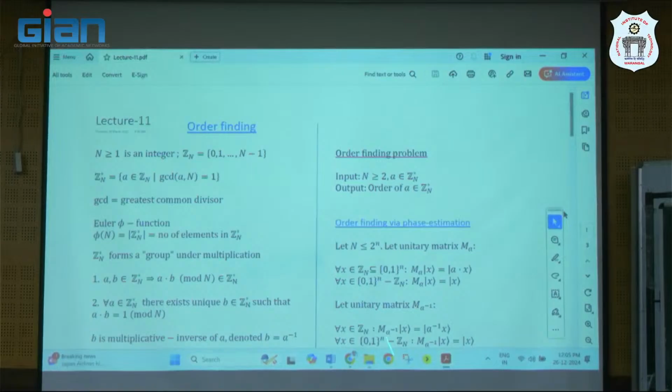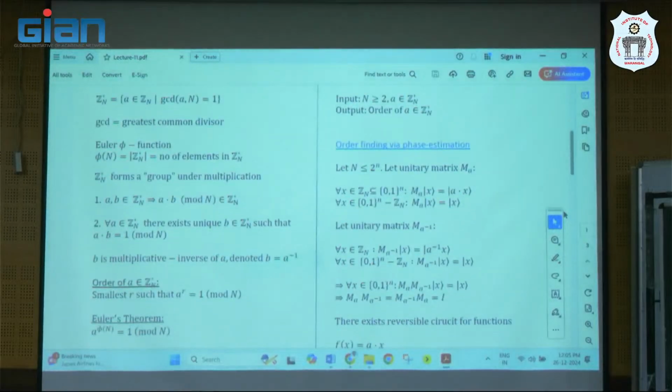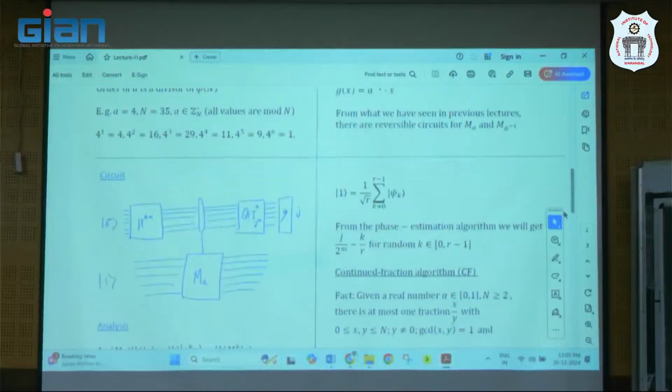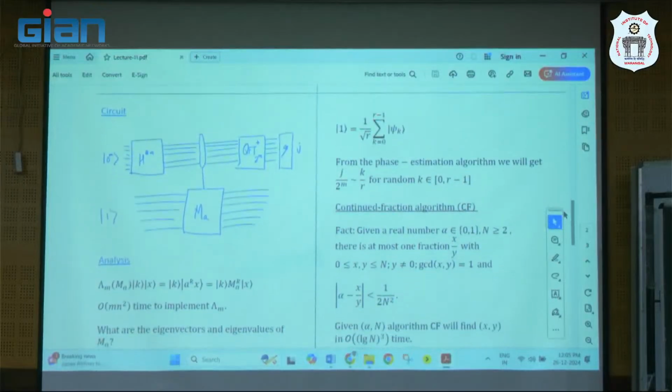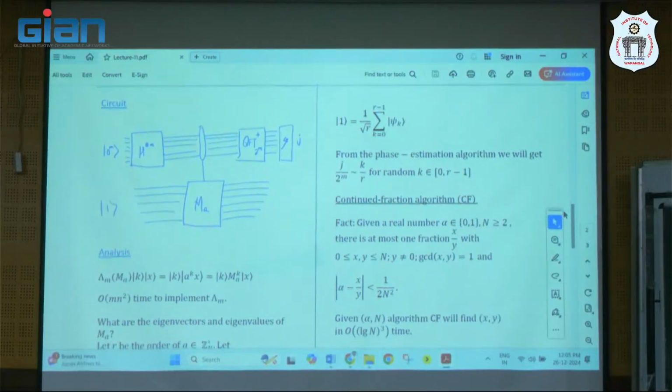Once we have circuits for this, we are trying to see how we can use phase estimation. The circuit for order finding is as follows. It's pretty much the circuit for phase estimation. 0 comes in here.